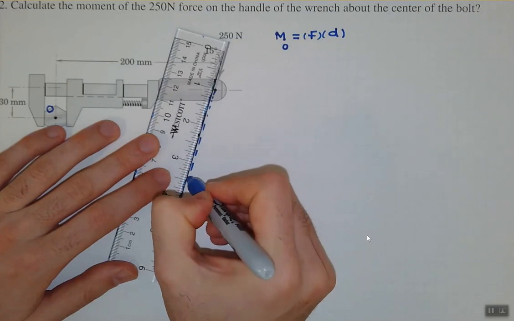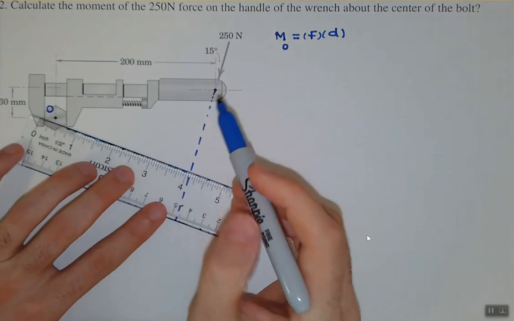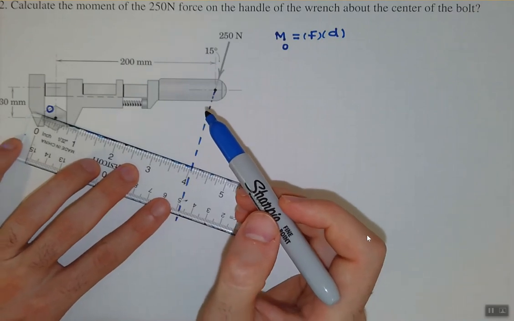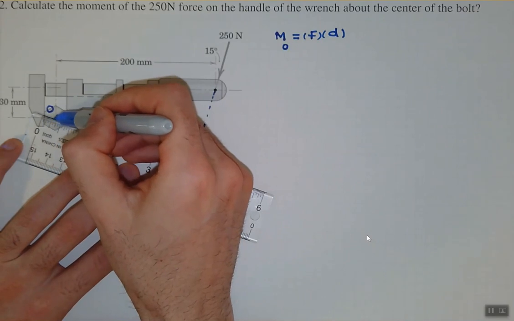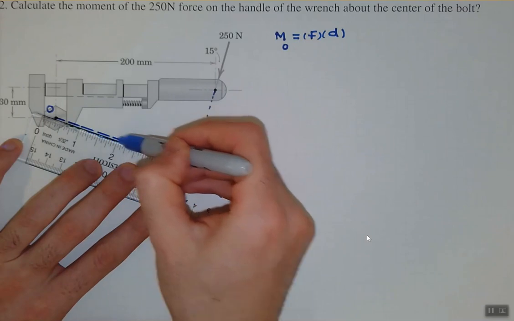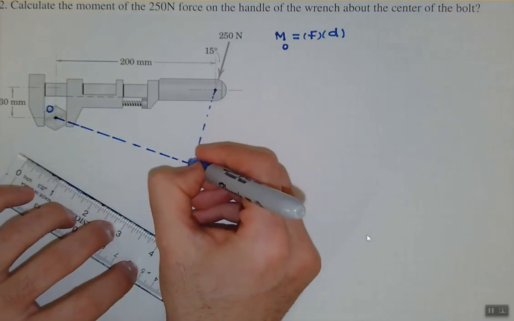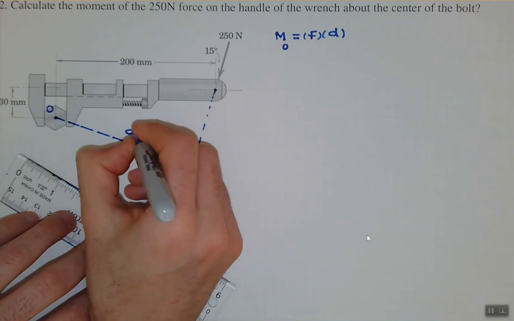This is the line of action, and d is the distance between point O, about which we are interested to find the moment, and this line. So this is the distance d that we are interested to find, right?